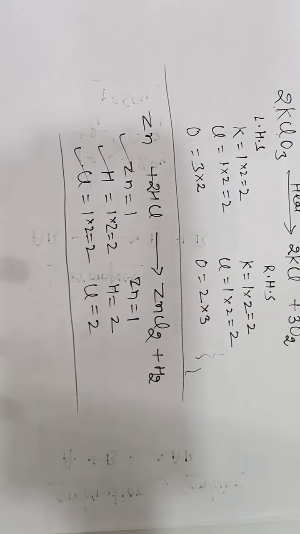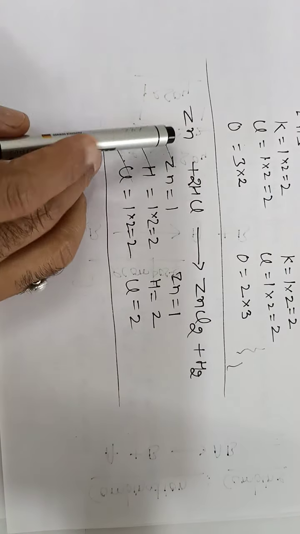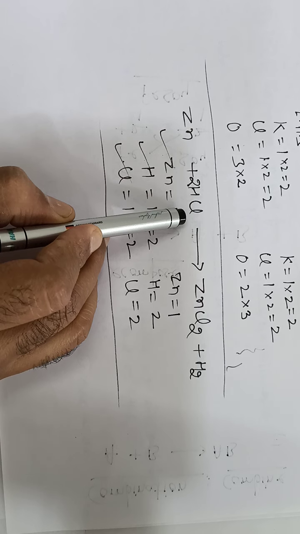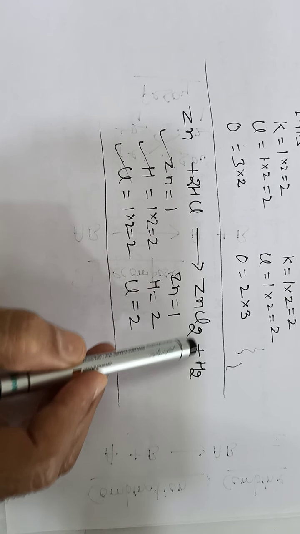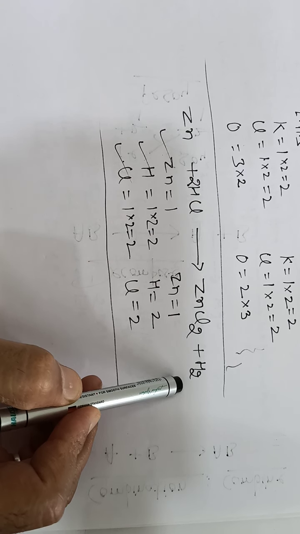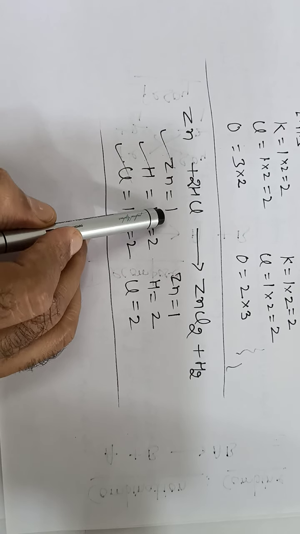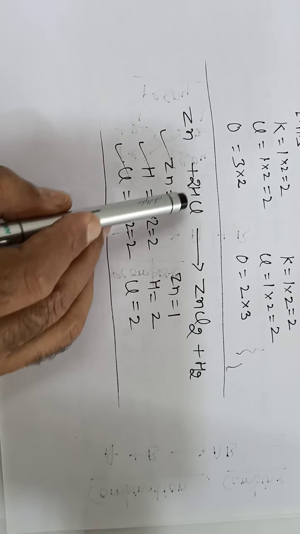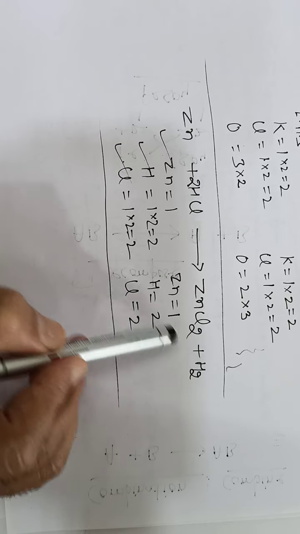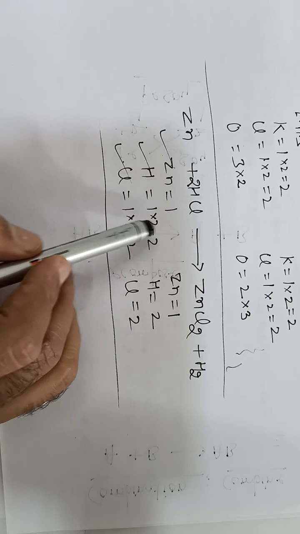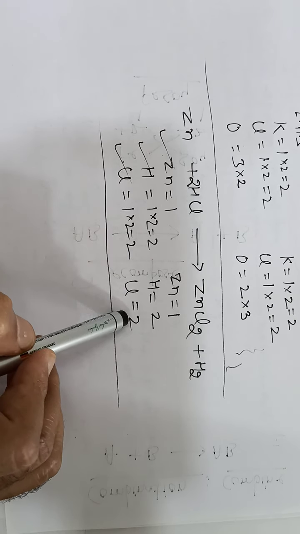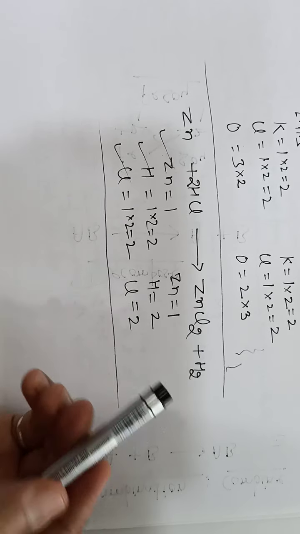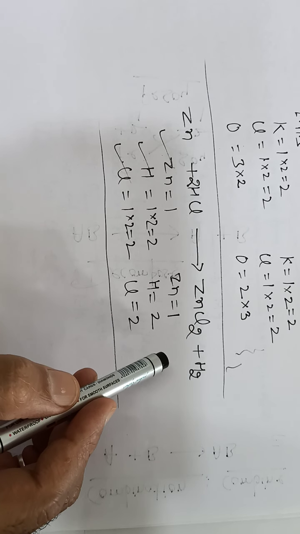Let us see one more example. Zinc reacts with hydrochloric acid to form zinc chloride and hydrogen gas. Here the zinc is 1, here the zinc is 1, hydrogen 1, hydrogen 2, chlorine 1, chlorine 2. So you can balance hydrogen or chlorine one by one.